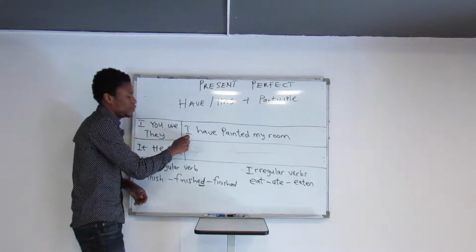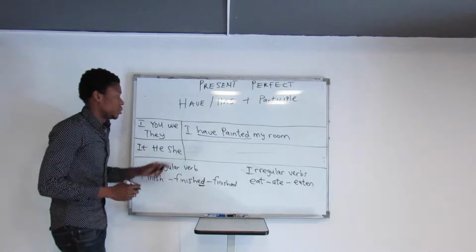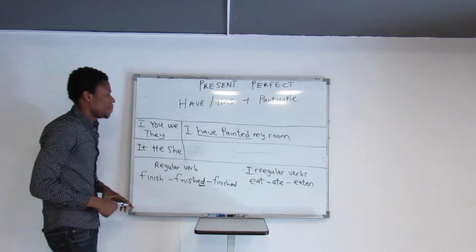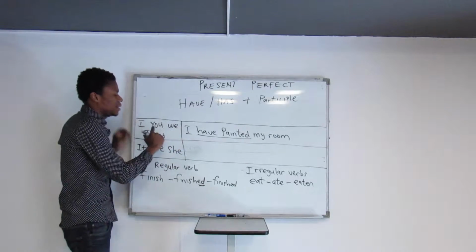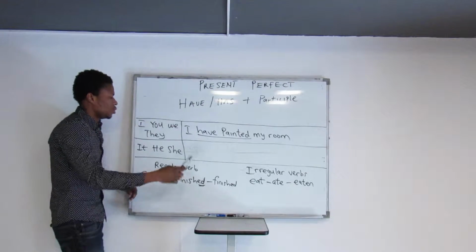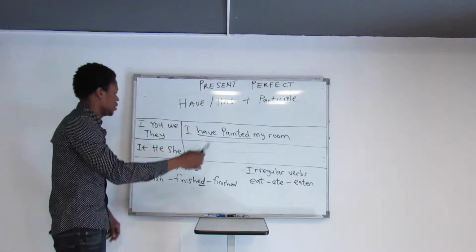So we have I first, then we have the present perfect verb, then we have the object, which is my room. This is how to make a positive sentence, and this can be anything here. It can be you have painted your room, or we have painted our room, or they have painted their room.